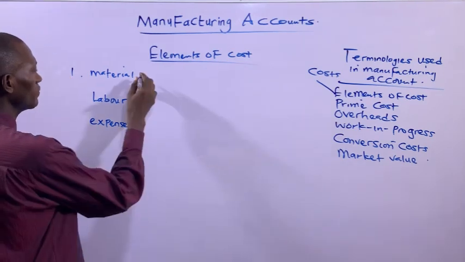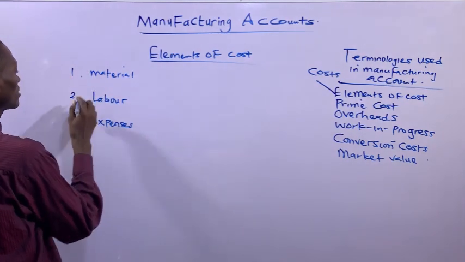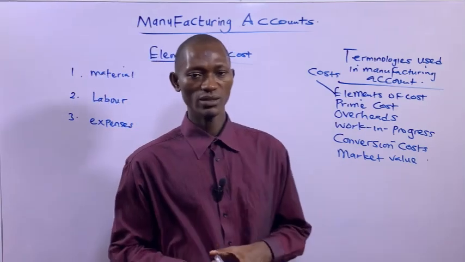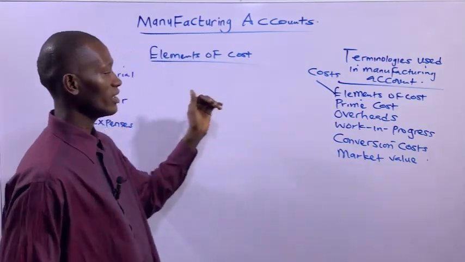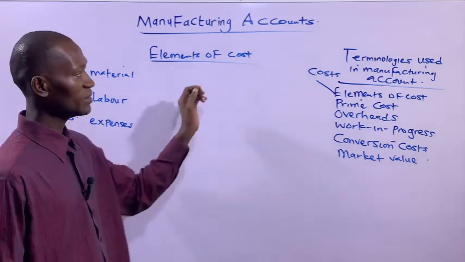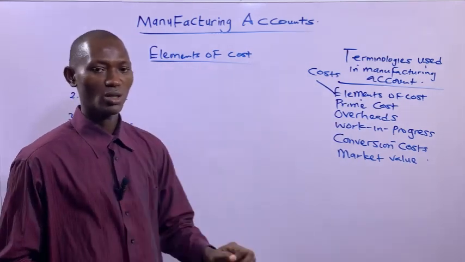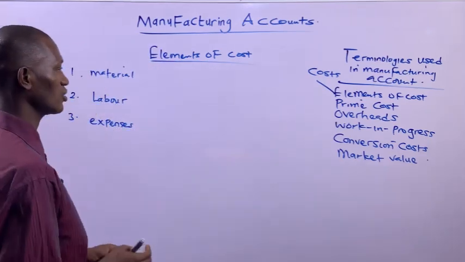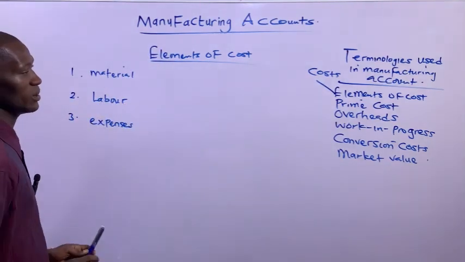So the first element of cost is material, then labor and expenses. So these are the items on which a firm will have to spend money on if the firm is into production of goods that such a firm is into its production. So material, labor, and expenses.